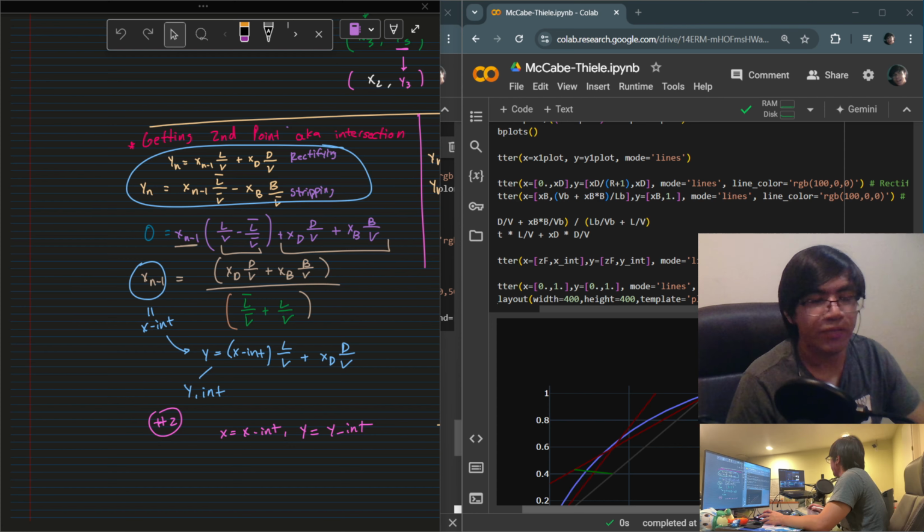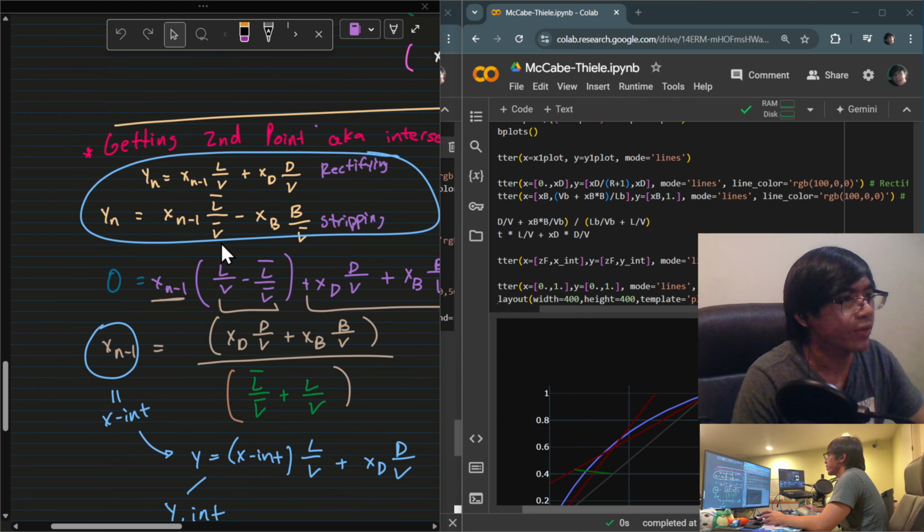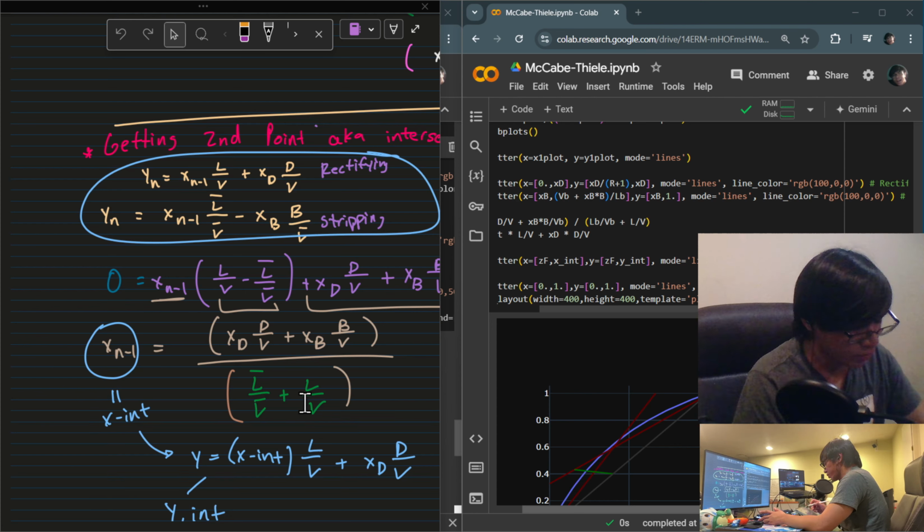Okay, so I think I found the error, just a simple algebra mistake. Right here, when we divided by our liquid and vapor flow rates, this expression divided to the other side, I changed it to a negative, which is correct, but I didn't do it in the correct order.